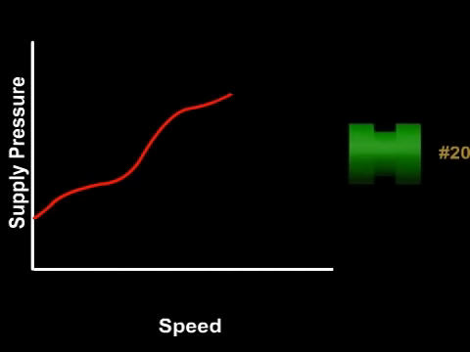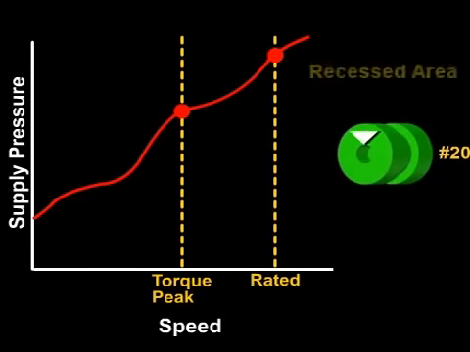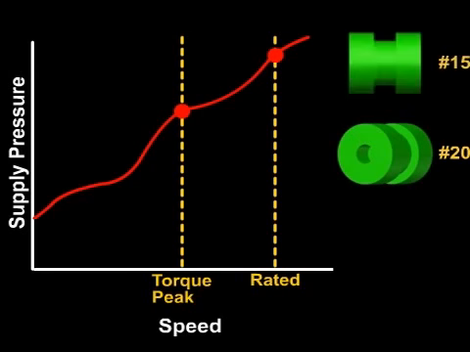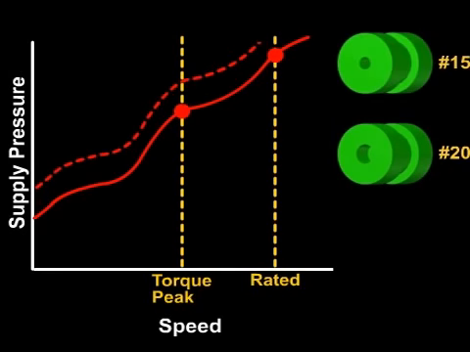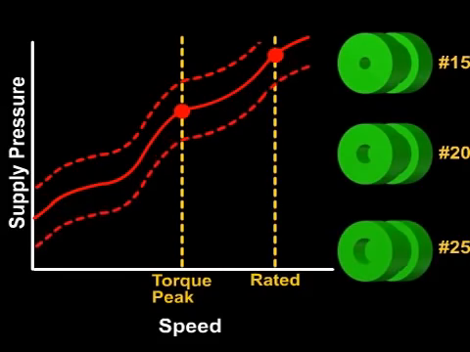Changing the recessed area of the button will change the height of the supply pressure curve. A button of a smaller recessed area will raise the supply pressure curve, while a button with a larger recessed area will lower the supply pressure curve.